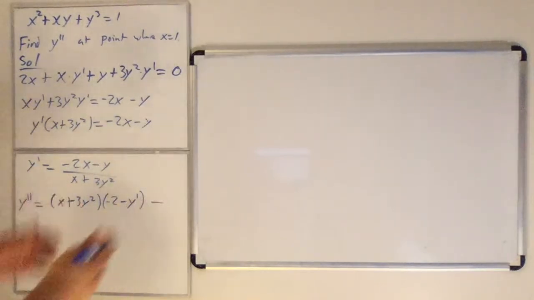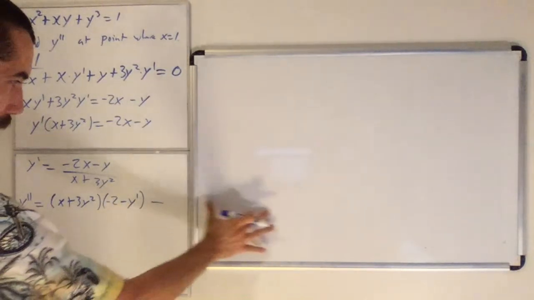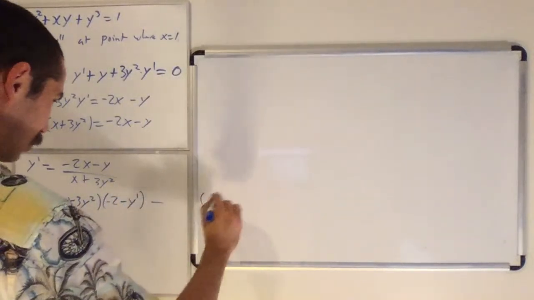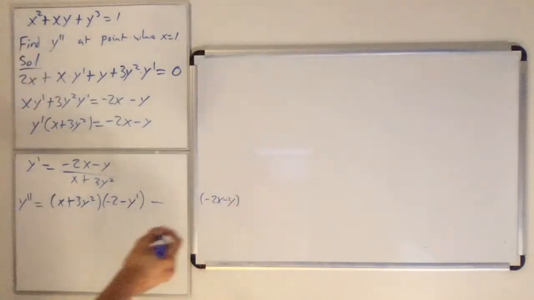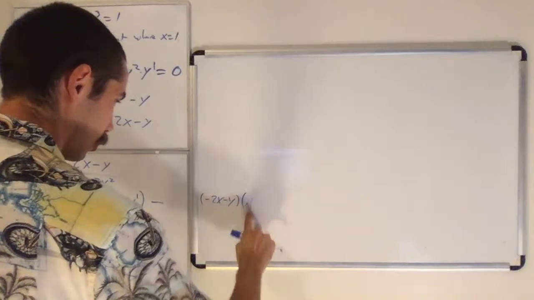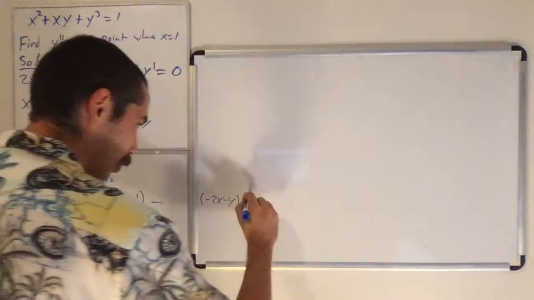Minus, okay, what I'm going to write here is still going to be in the numerator. I just don't have the space. I'll just write it in this direction and erase it in a second. Minus the top times the derivative of the bottom. Derivative of the bottom is 1 plus 6y y prime.